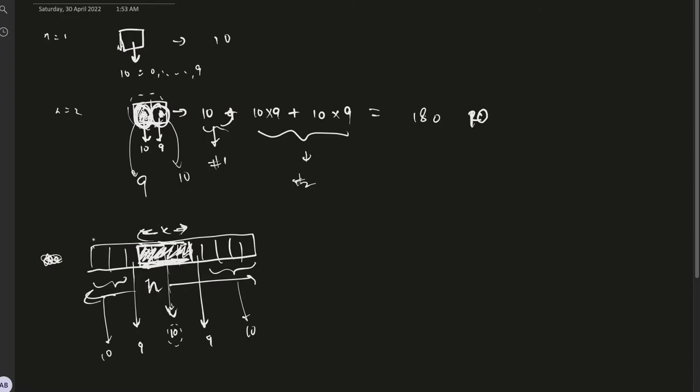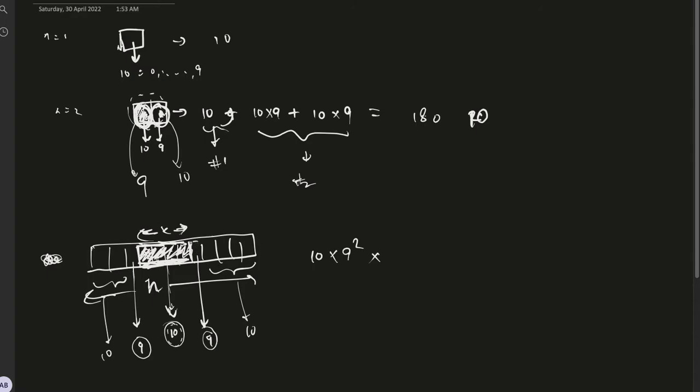This is for the case when the window of size k does not start from the extreme left or end on the extreme right. The number of such blocks would be 10 for this, into 9 square for this.